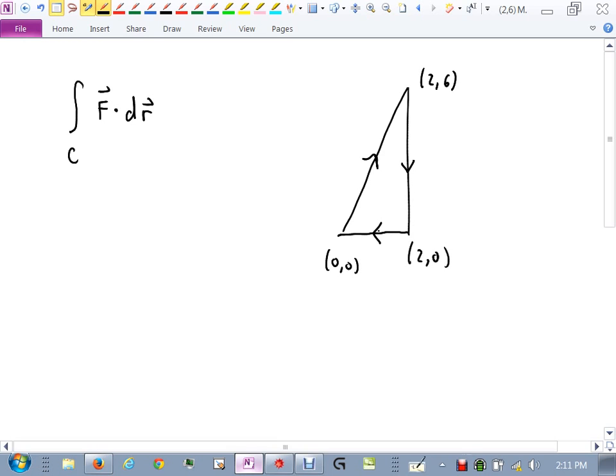I'm also given my vector field. I'd like for you to tell me what you think you want to do here. We're trying to find the work done. We're given this path C. What's your instinct here tell you?